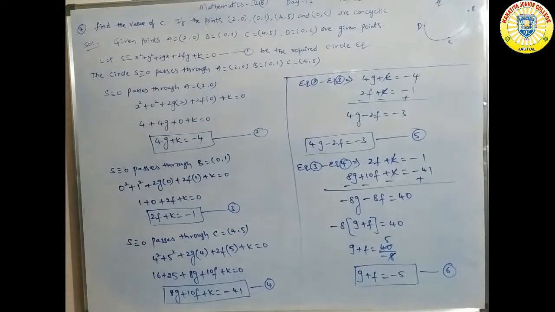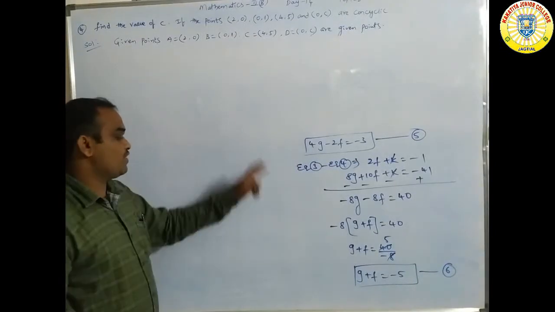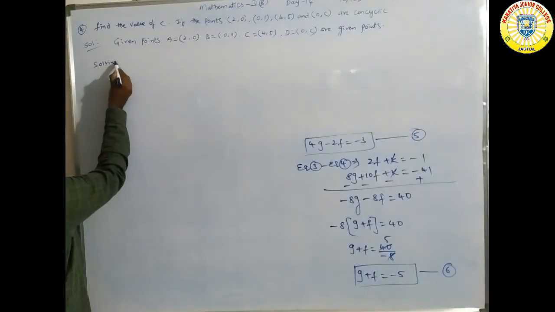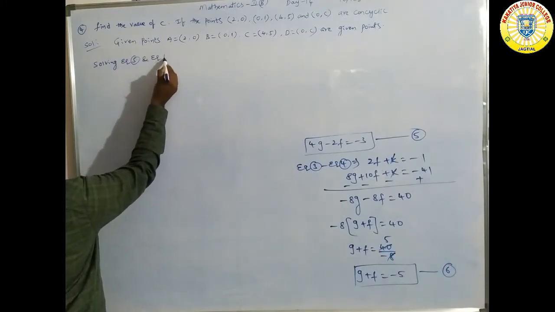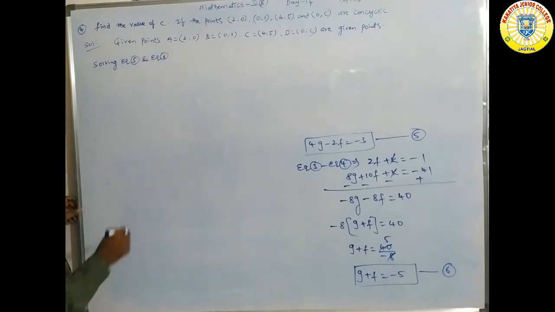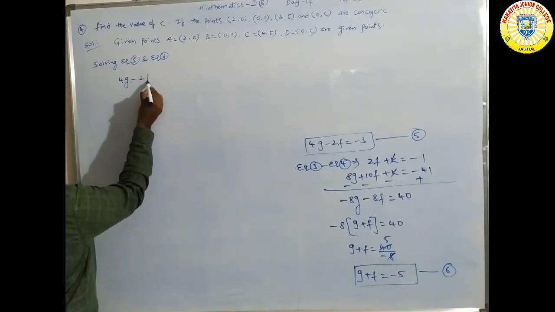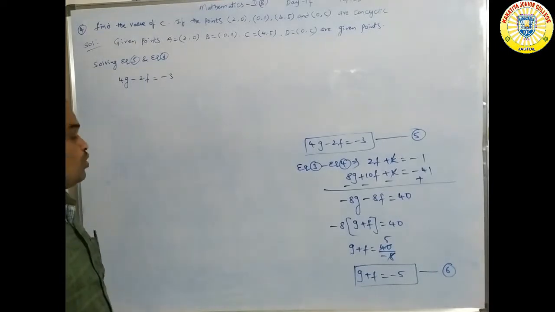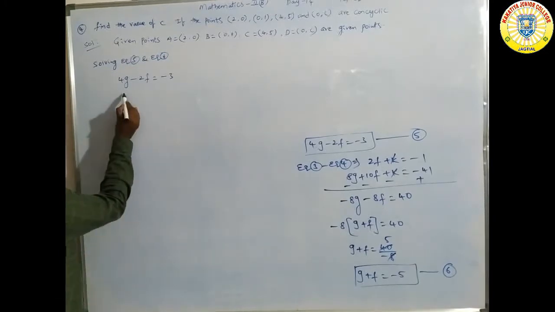First, all of you have to solve clearly. Solving equation 5 and equation 6: what is equation 5? 4g minus 2f is equal to minus 3.